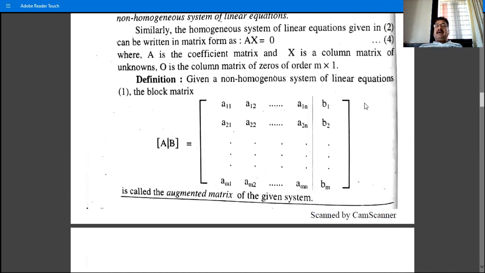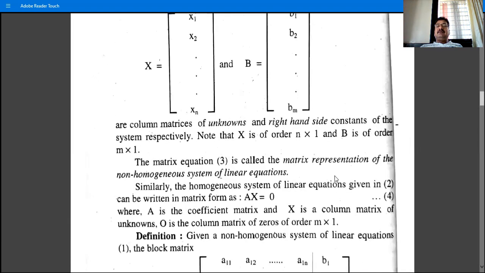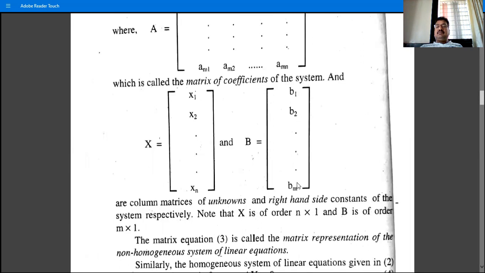And the augmented matrix: we denote the combination of A and B as an augmented matrix. This is the augmented matrix of the given system, the combination of A and B. So this is A11, A12, A1n, A21, A22, A2n, and Am1, Am2, Amn, and this is B1, B2, Bm as the matrix of constants.